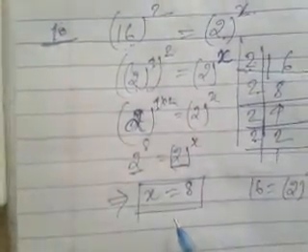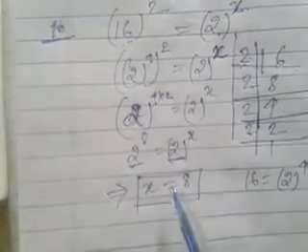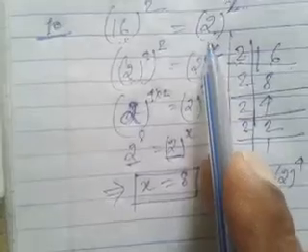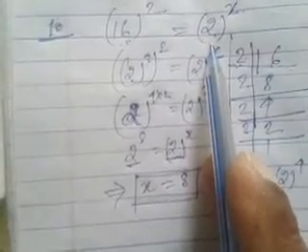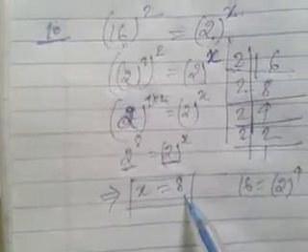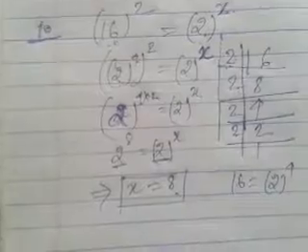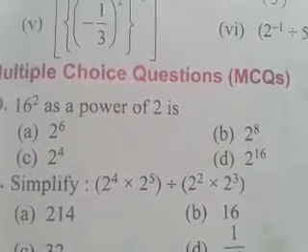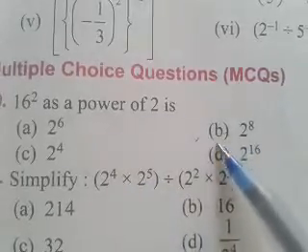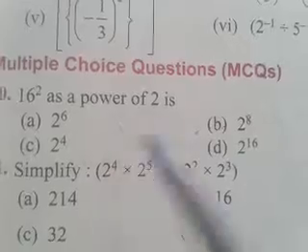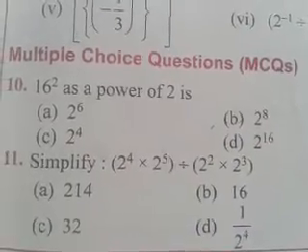So we can write 16 raised to the power 2 as base 2 to the power 8. So option B is correct. Option B is the correct solution for the given question.